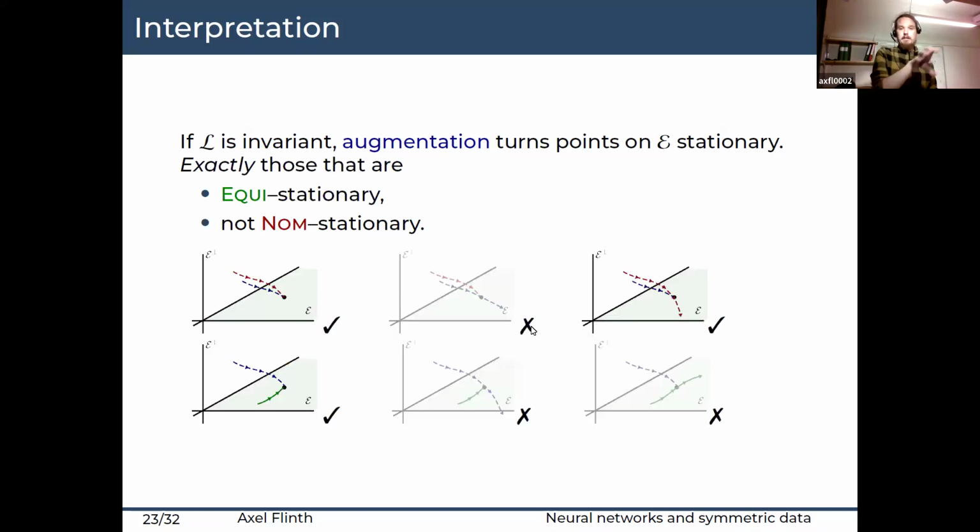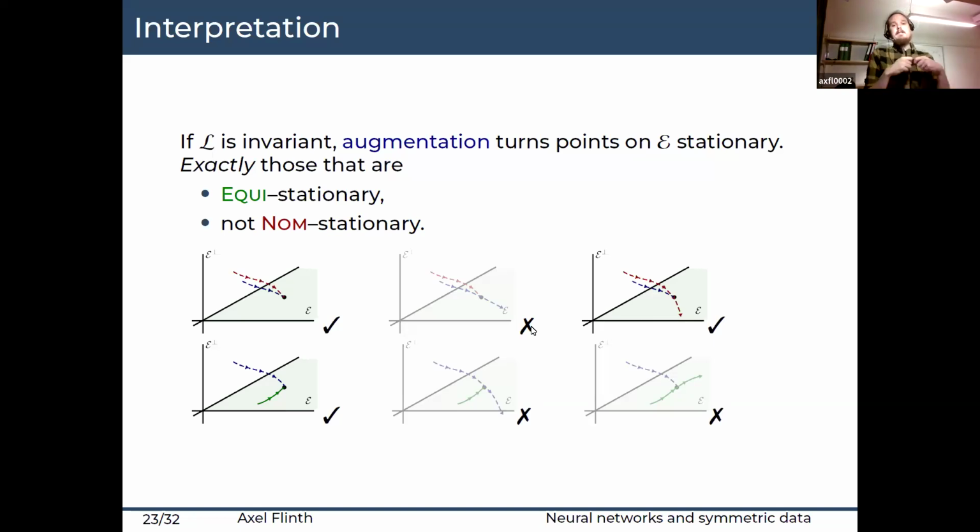So if I look at my 6 alternatives here, these 3 are the only ones that are okay. There are no points that I hit with the nominal dynamics, which I then miss by the augmented dynamics, and vice versa for the equivariant and augmented dynamics.